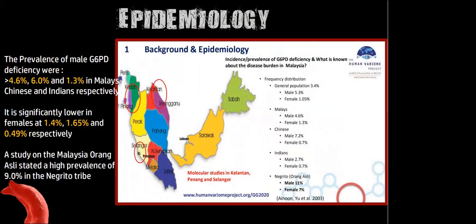Yes, more common in male, but the female also may occur. Are you surprised that it's more common in male? No, I already know. So why? Are you going to explain after this? You're going to explain after this, I hope.